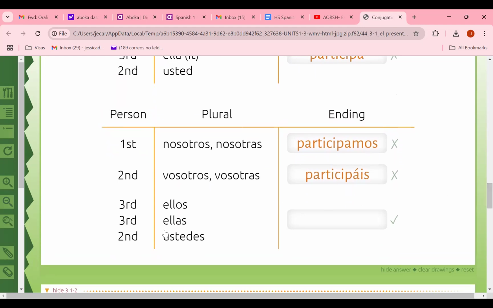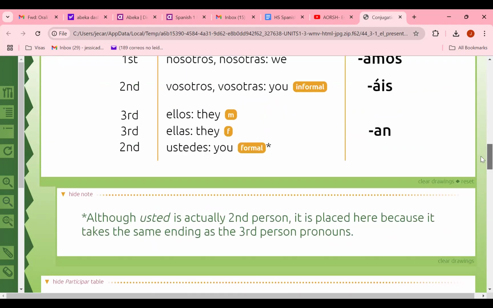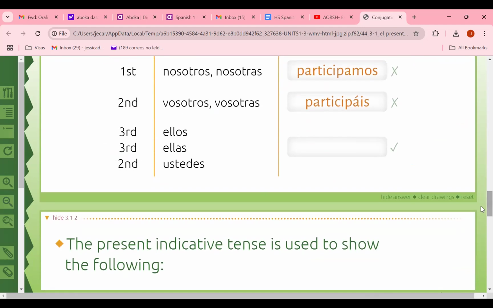Now, ellos, ellas, y ustedes, we change it to AN. So we get rid of the AR and change it to AN. So now it goes to participan. Ellos participan, ellas participan, ustedes participan.